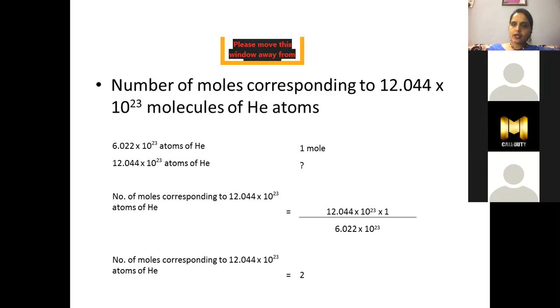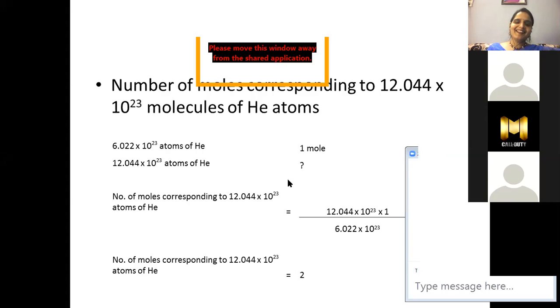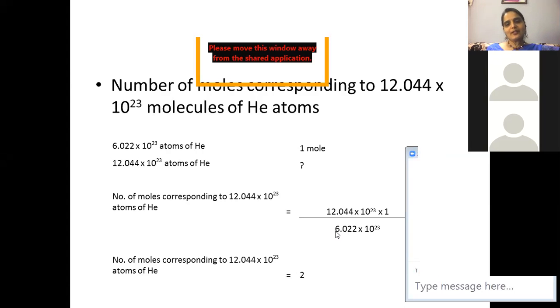So here, from particles to moles, the first column becomes 6.022 into 10 raised to 23 atoms of helium, which correspond to 1 mole. So 12.044 into 10 raised to 23 atoms of helium correspond to how many moles? Once we solve this by the unitary method, we see that this 10 raised to 23 gets cancelled.